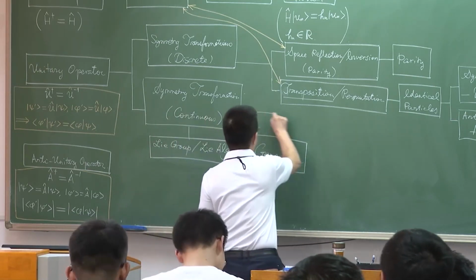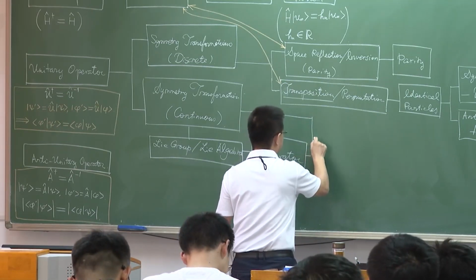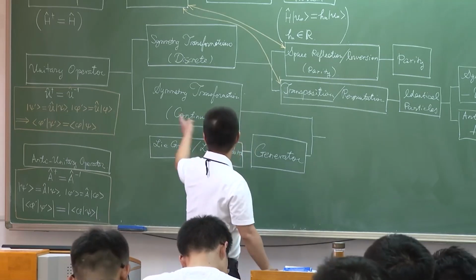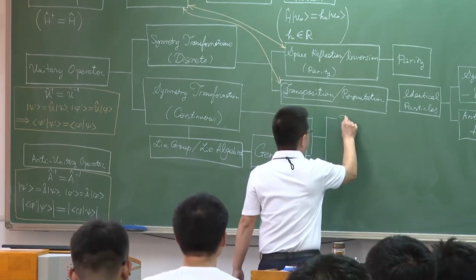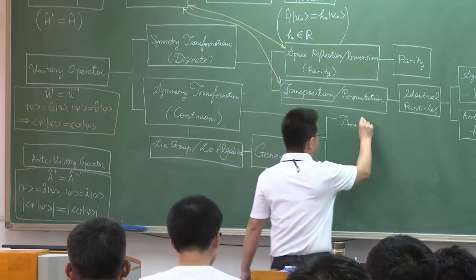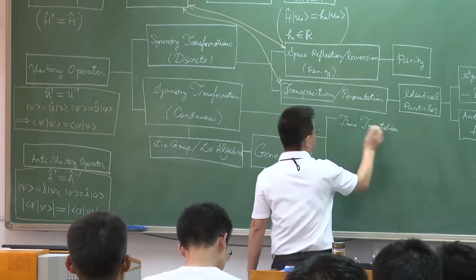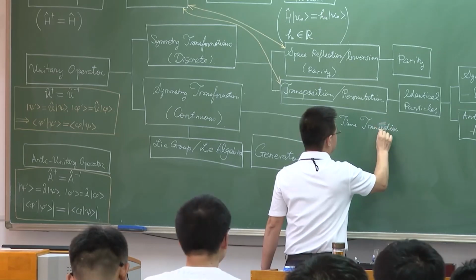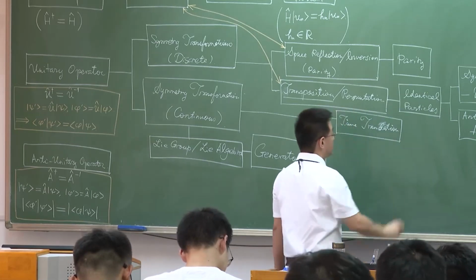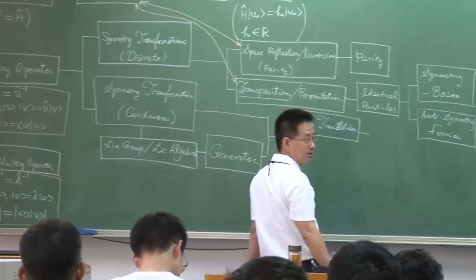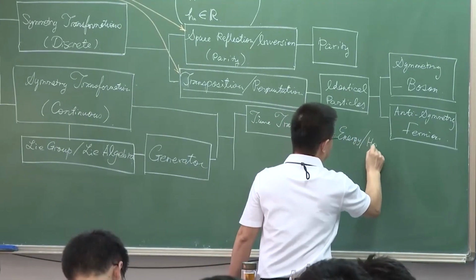They are connected, actually. We have several continuous cases of symmetry transformations. We have the time translation, and for the time translation, we get the conserved quantity, that is the energy, or Hamiltonian.